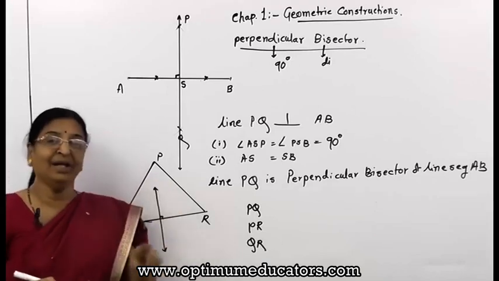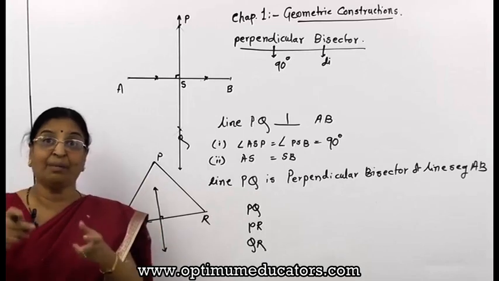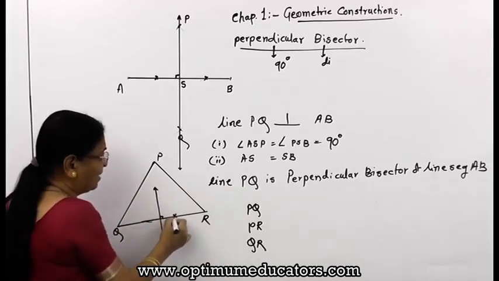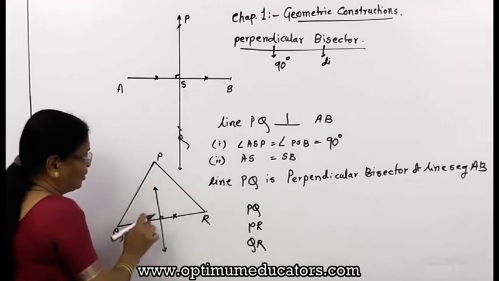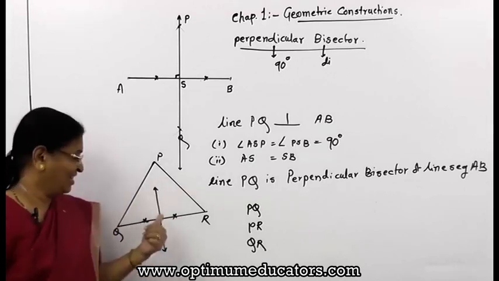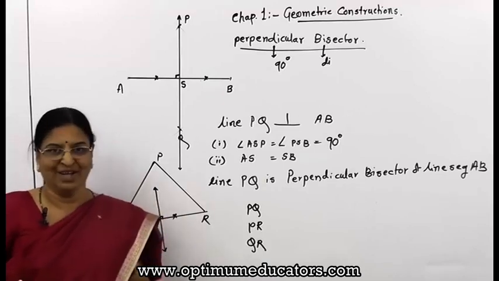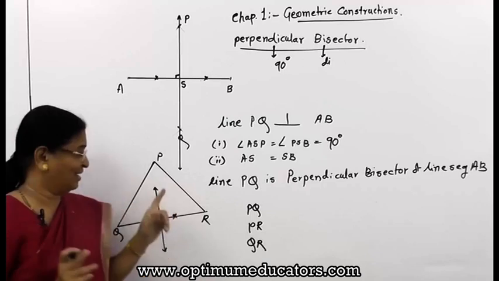Remember that instead of writing that it is a perpendicular bisector, you can make these signs so that it is clear that this is perpendicular and makes two equal parts.